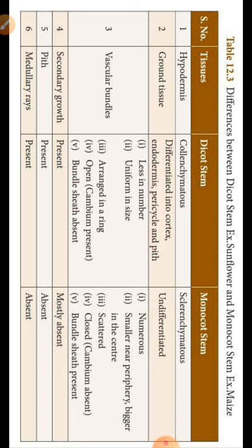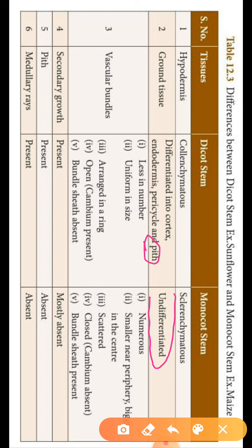Tissue. Hypodermis: collenchymatous in dicot stem, sclerenchymatous in monocot stem. Ground tissue in dicot stem is differentiated into cortex, endodermis, pericycle and pith. In monocot stem, undifferentiated.